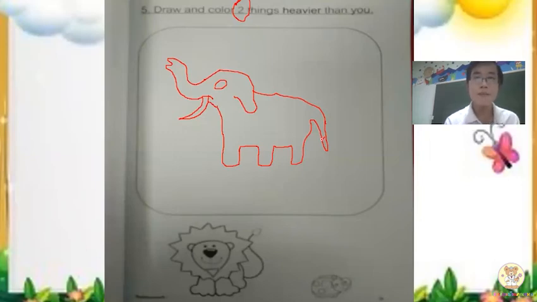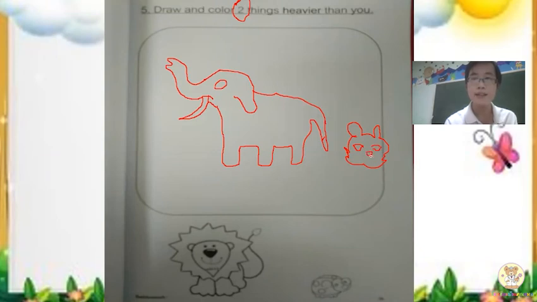In the next picture, maybe I'm going to draw a tiger. A tiger is a very fierce animal, right? If you walk in the forest and you face a tiger, it can eat you right away. So you need to be careful.